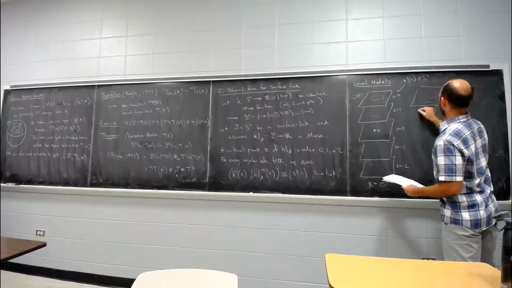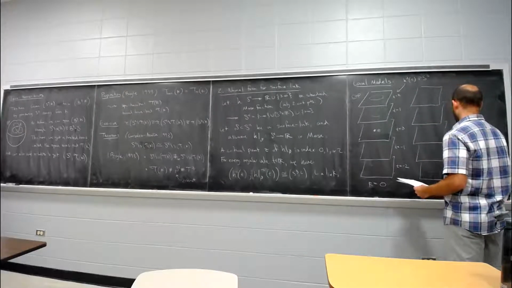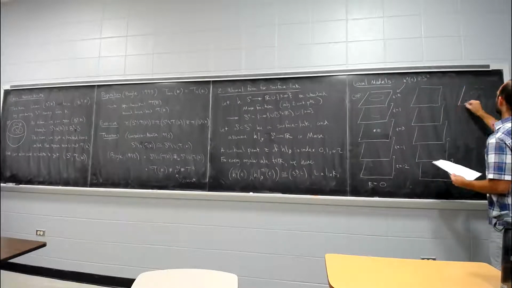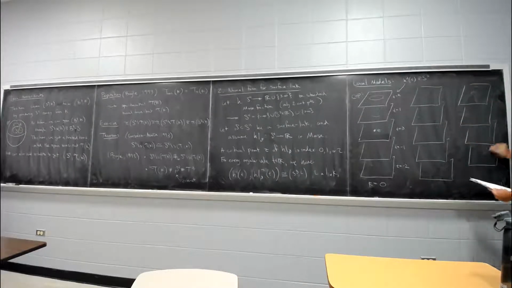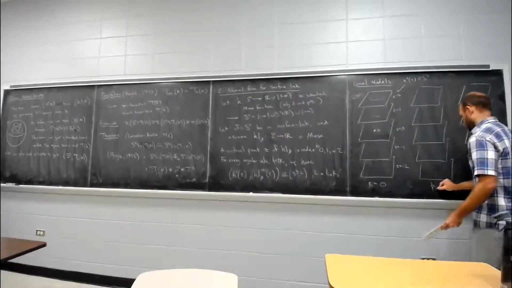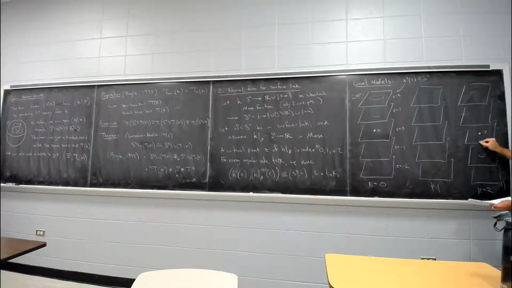And then the local model around an index 2 critical point is just the opposite of an index 0 critical point.